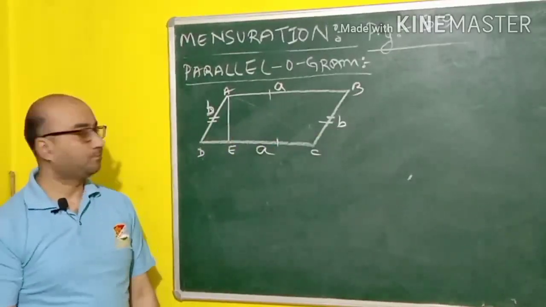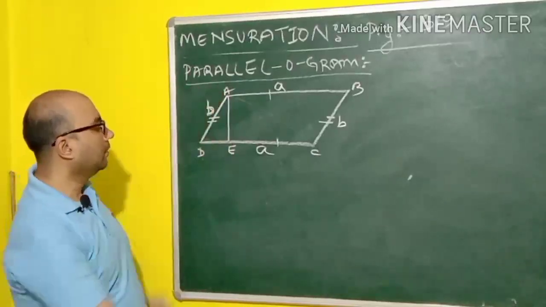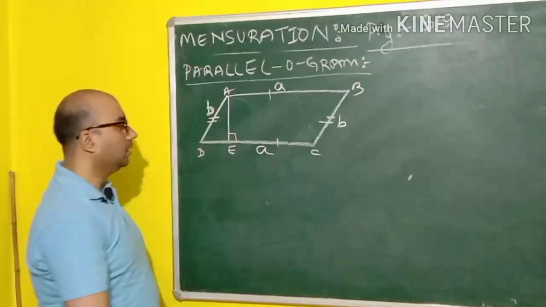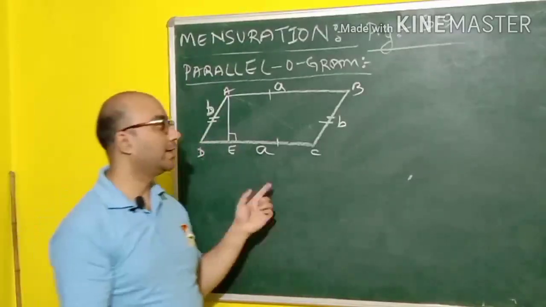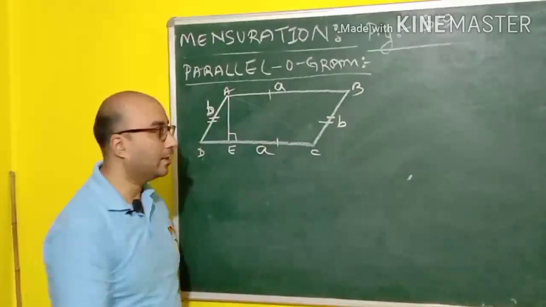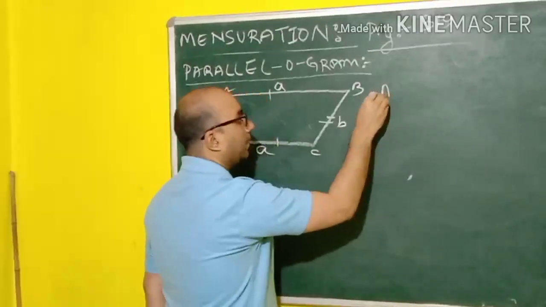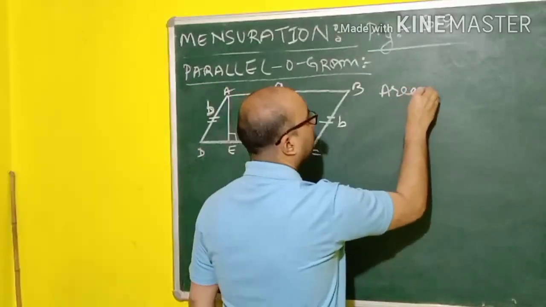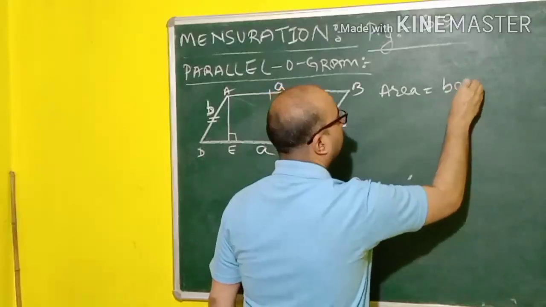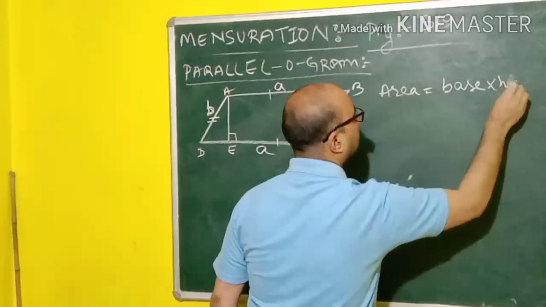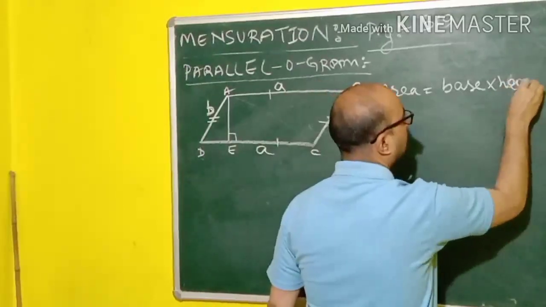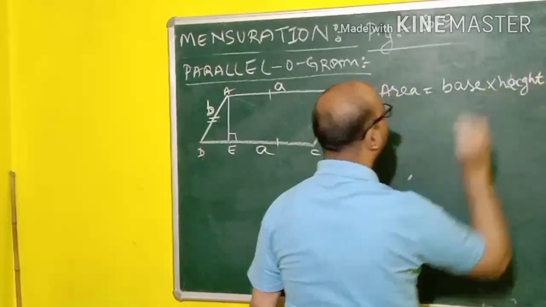Now, the height of the parallelogram, height is always the perpendicular. So the height of the parallelogram is suppose AE. So what is the formula that gives us the area of a parallelogram? So area of a parallelogram is given by base into height.